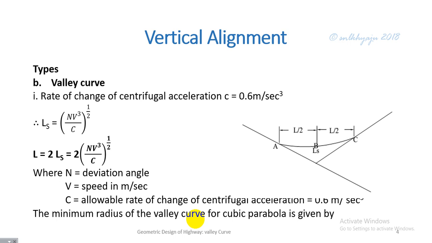The minimum radius of the valley curve for the cubic parabola is given by R equals L by twice N.